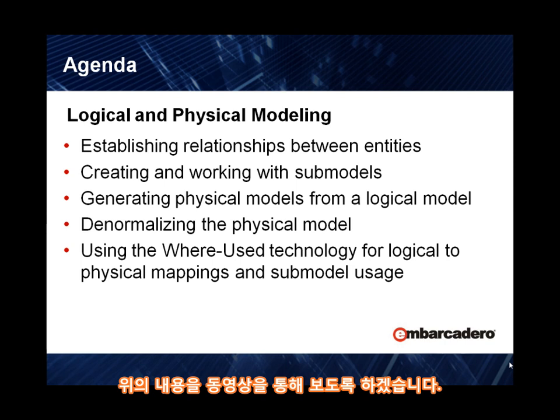We'll go through the denormalization of the physical model. And lastly, we'll discuss the where used technology that will show logical to physical mappings, including the denormalized objects, as well as the submodel usage so you can see exactly where a particular entity lives across a logical or a physical model.